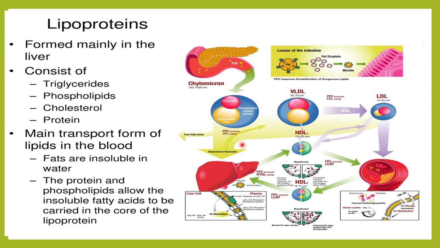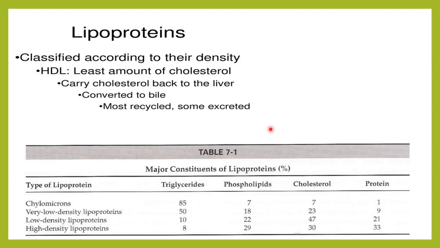The main transport form of lipid in the blood is lipoproteins, because fats are insoluble in water. They cannot directly travel through the blood. That is why these lipoproteins carry them, and that will make them easily transportable.